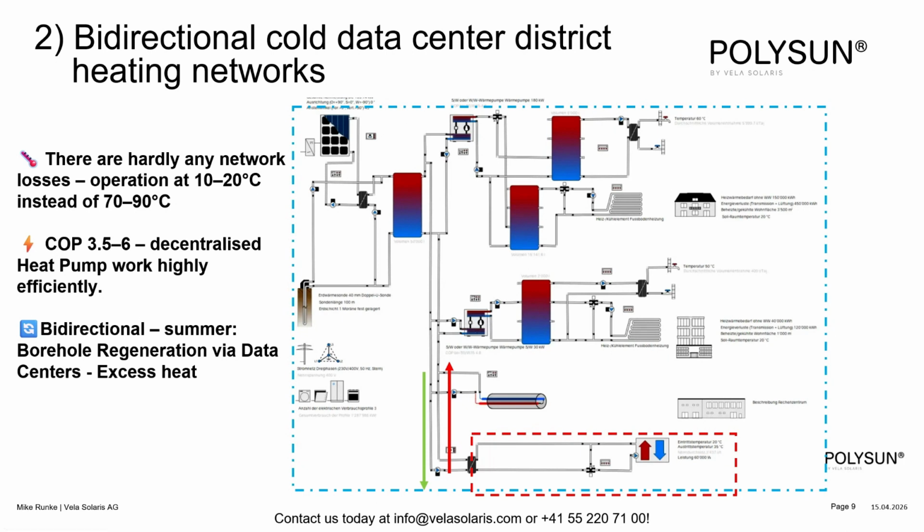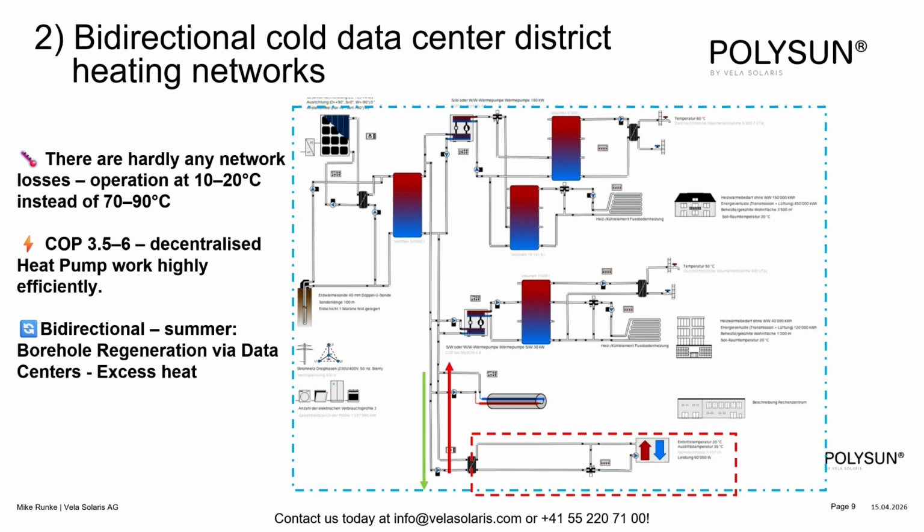The major advantage is that due to the low network temperatures, there are hardly any network losses compared, for example, to the previous one with 60 to 75%. So it follows that the heat pump works more efficiently, with COP values of 3.5 or even up to 6. And in summer, the system becomes bidirectional.